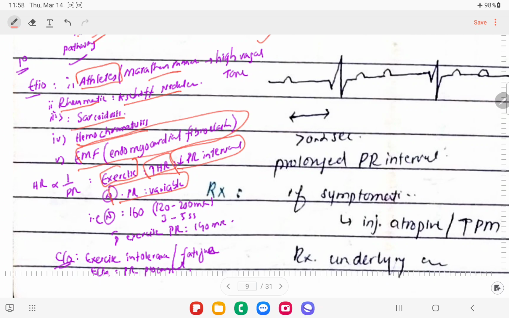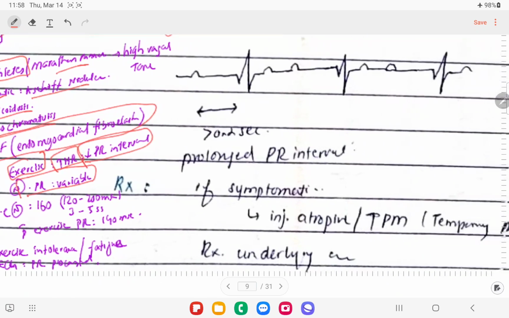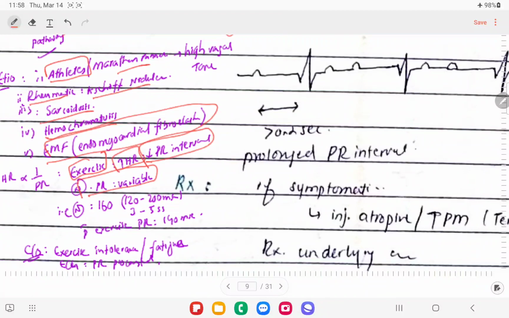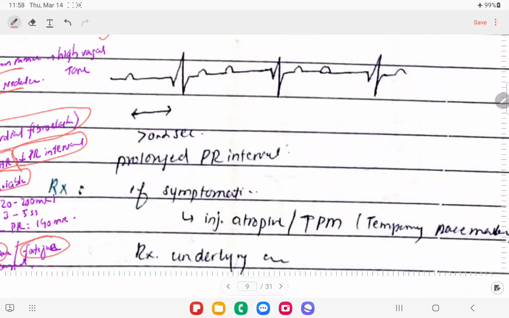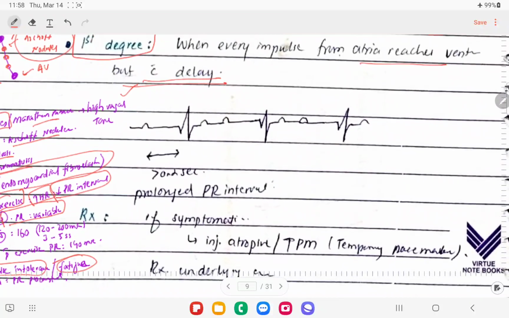But in patients with heart block, the PR interval will be fixed, so it will not be variable. The patient is going to complain of exercise intolerance and fatigue. If we check the ECG of this patient, the PR interval will be prolonged in each QRS complex, more than 200 milliseconds, but there won't be any dropped beat in these patients.